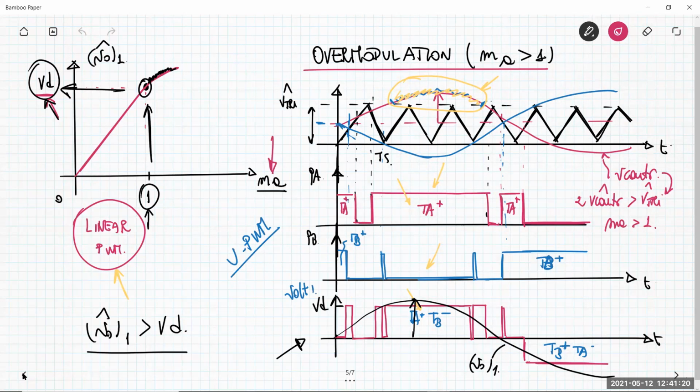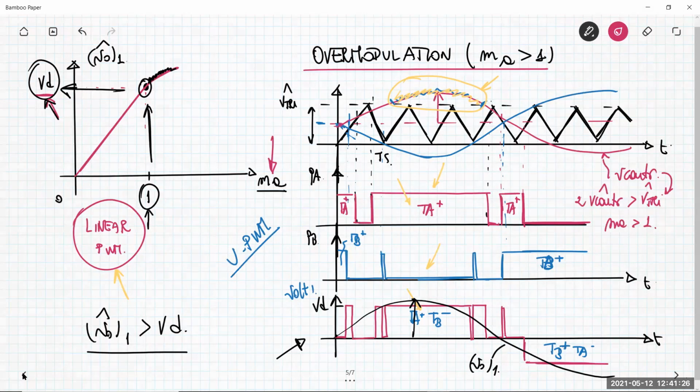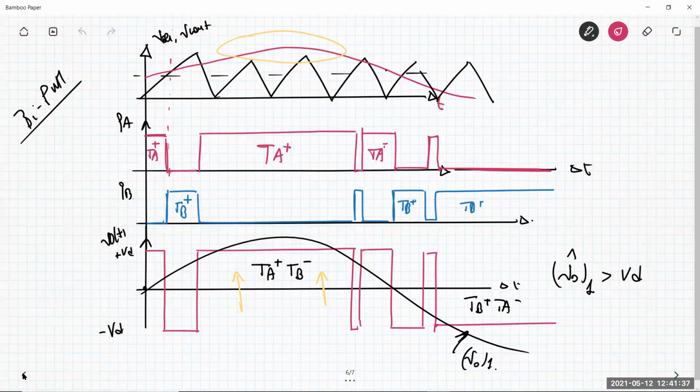Okay, if I continue to increase MA, I have this behavior here. In the bipolar pulse width modulator, I continue to increase the peak value of the fundamental, or the control voltage here.